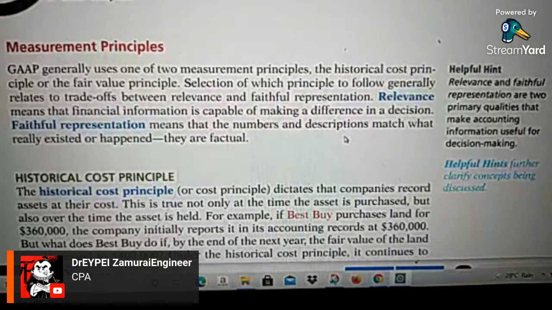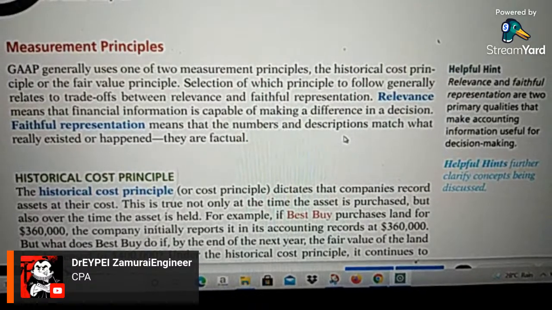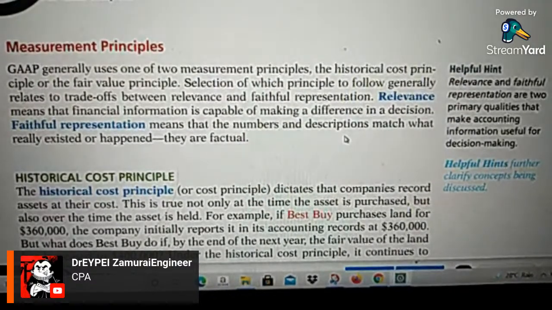So, faithful representation means that the numbers and descriptions match what really existed or happened. They are factual. Okay? So, faithful representation meaning documented. So, pagka sinabi mong you spend 10,000 for painting, okay, there is a receipt.